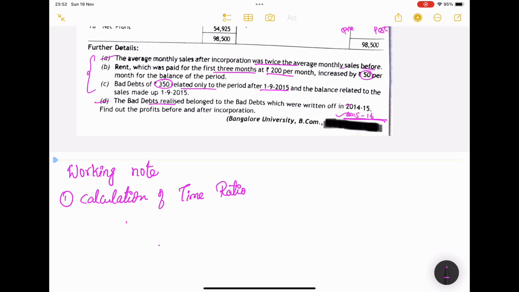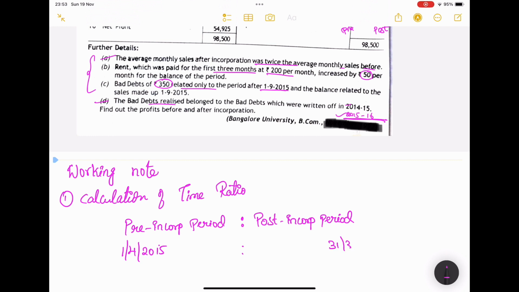As usual, pre-incorporation period is to post-incorporation period. Yes, so as usual it starts from 1/4/2015, ends on 31st March 2016, isn't it?